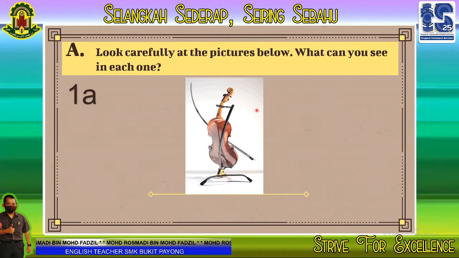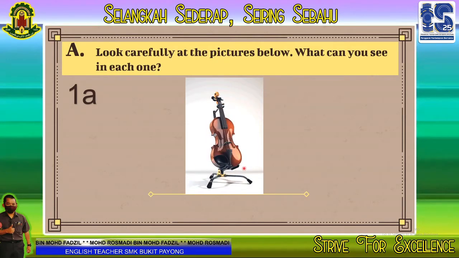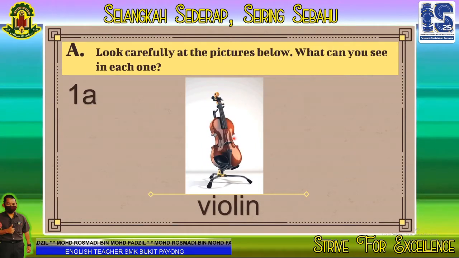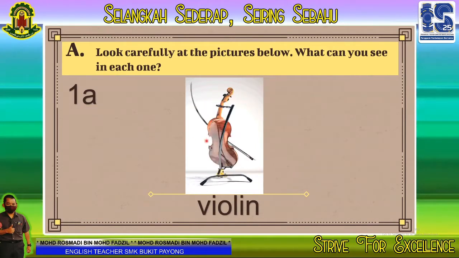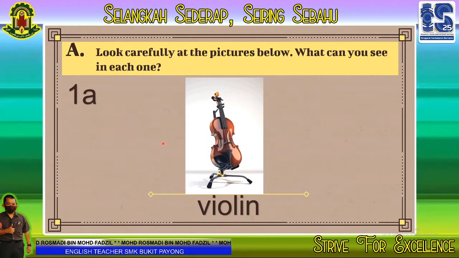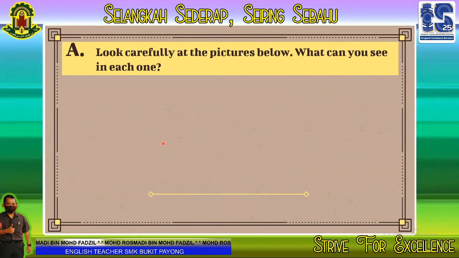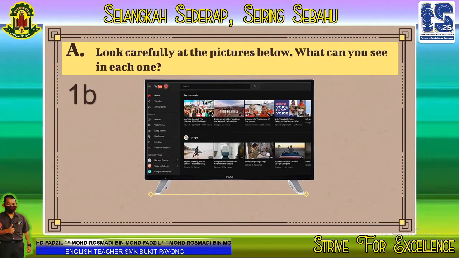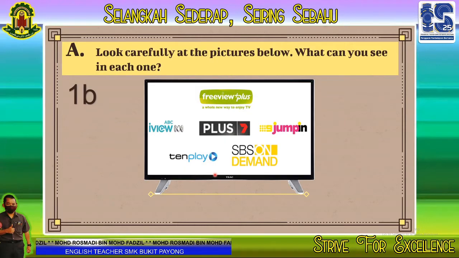Okay, so what is this? This is a violin. Okay, of course you know, right? Then what about picture B or 1B? 1B is... Everyone, I think mostly you have this at home.